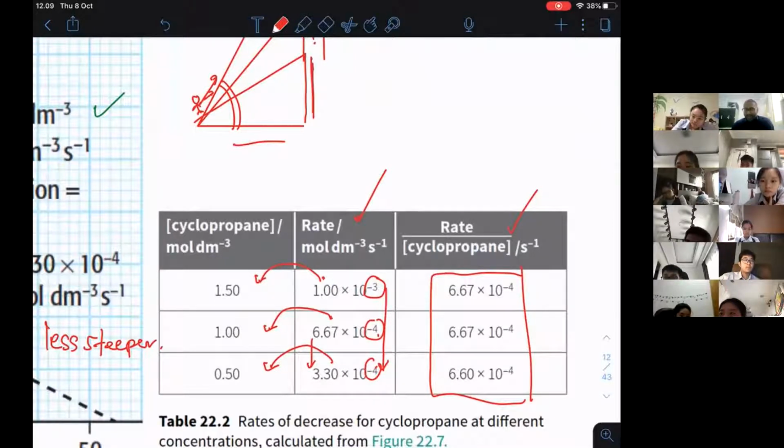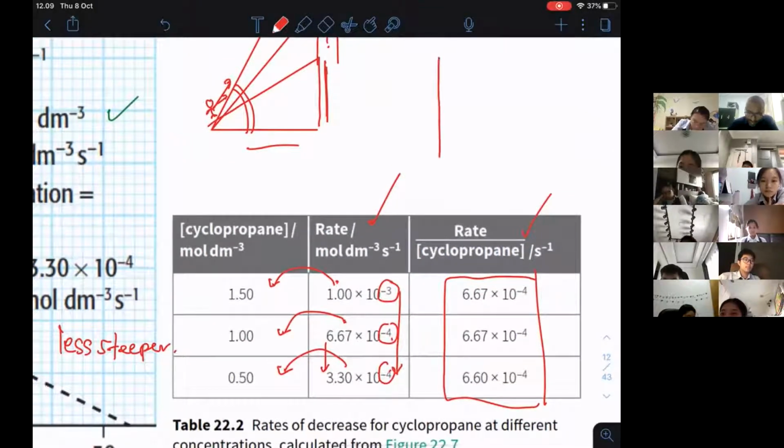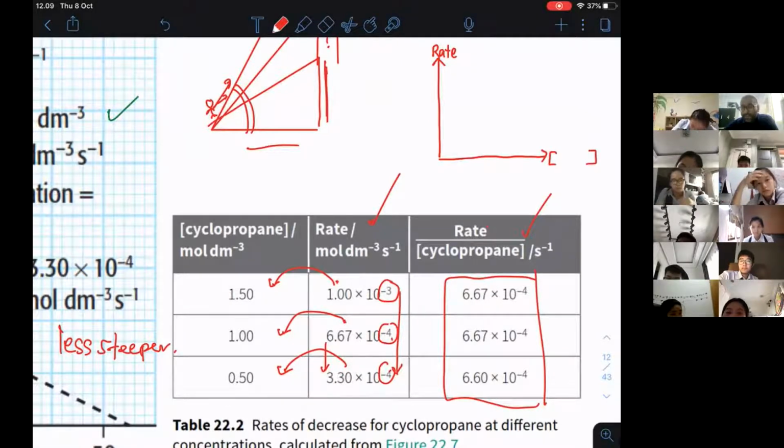Basically, if I have rate divided by concentration, and your rate is on the y-axis, and I have another graph with concentration of cyclopropane, if the gradient is the same, what kind of graph will we get, Justin? Straight line. Yes, it's a straight line.